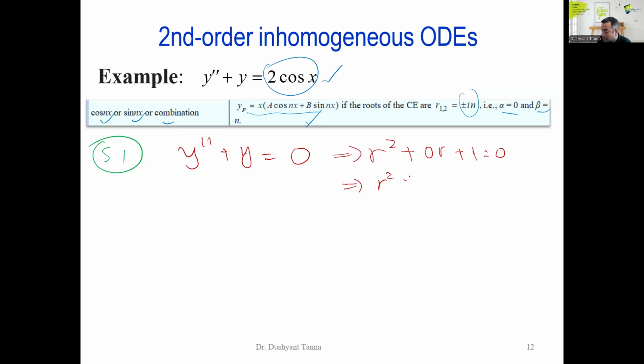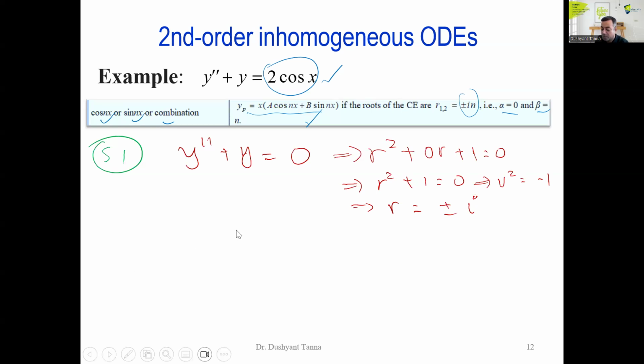That is r square plus 1 is 0. Recall your last term. R square is minus 1. R is equal to plus or minus i. Whatever you learned last term, sorry, is not in vain. Especially in algebra, complex vector, we are not covering here too much, but definitely those two.